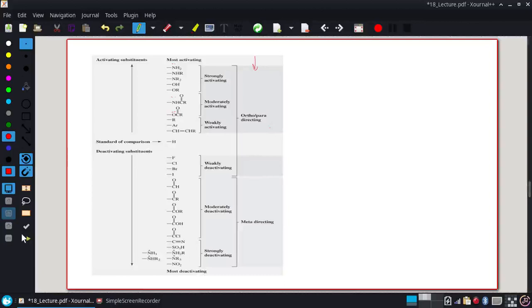Then you have just your carbons, your R groups. And then you have hydrogen, the base standard, so just benzene. Then you have your halogens. And then you have all the carbonyl containing compounds. And then you have the ones that are a lot more noticeably positive on the atom connected to the benzene.